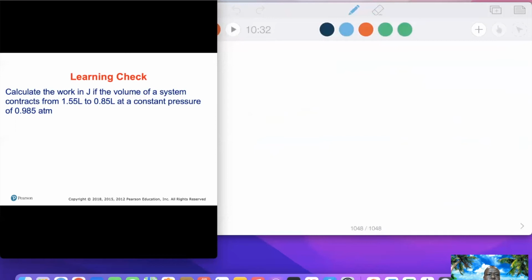Now, look at this: calculate the work in joules if the volume of a system contracts from 1.55 liters to 0.85 liters at a constant pressure of 0.985 atmospheres. So we know here is the solution.